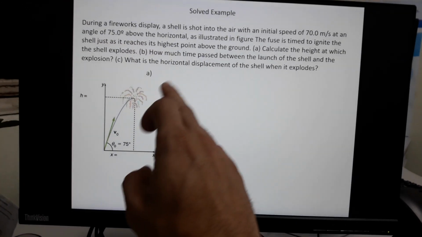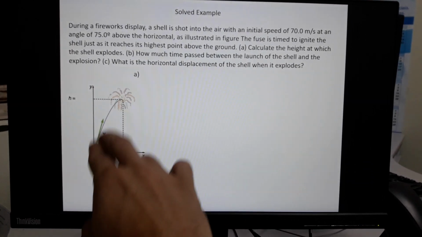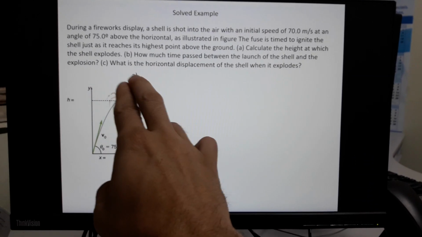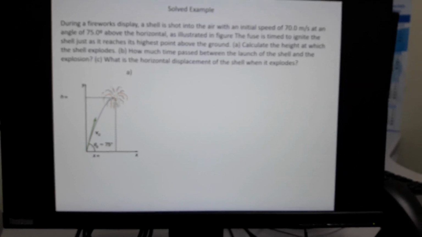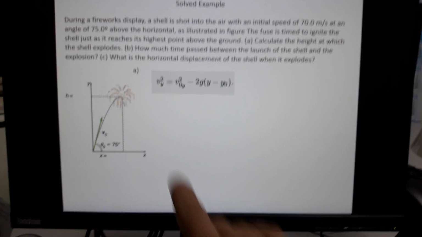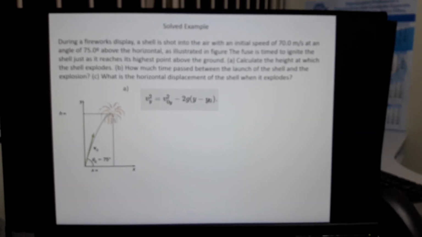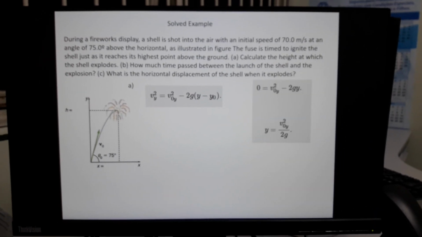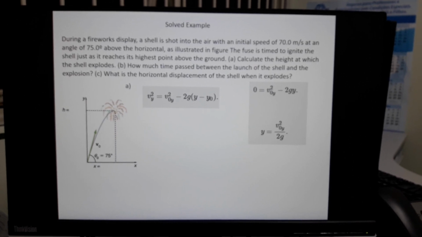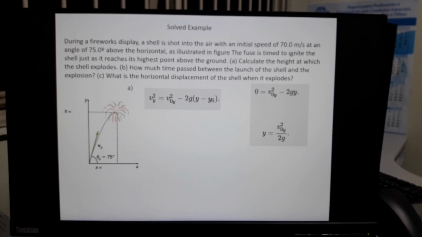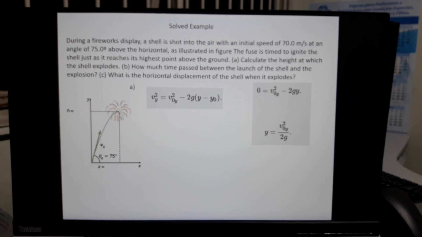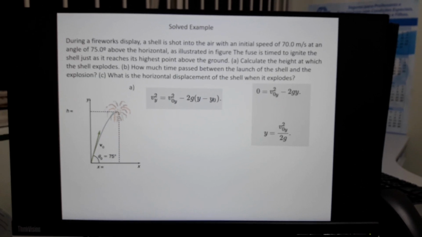So when the shell explodes, we have velocity 0 because it will stop to fall. So we will use this formula, and Vy squared is 0. The final velocity is 0. So you use it to isolate the y and to find the height.